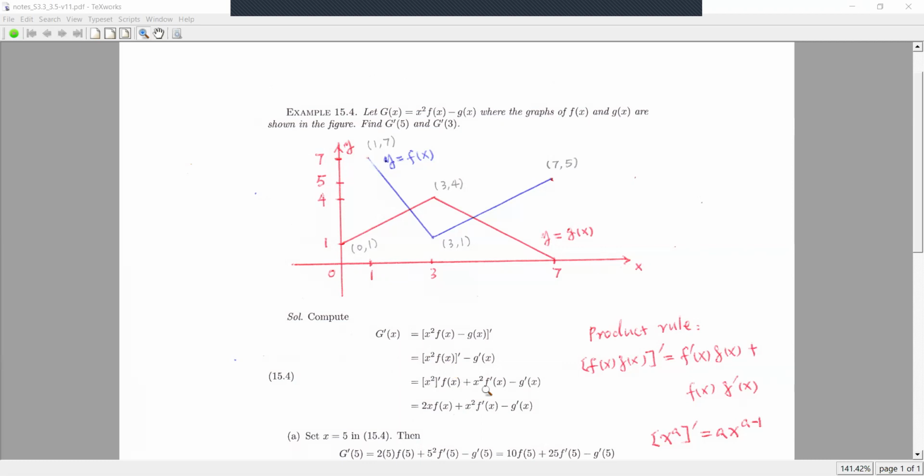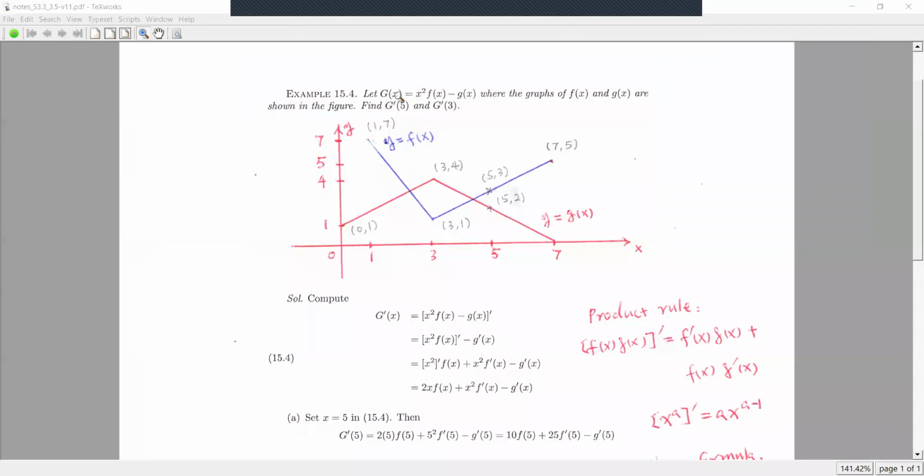Product rule. Then the derivative of x squared is 2x by this formula. So this is the derivative of big G at a general point x.